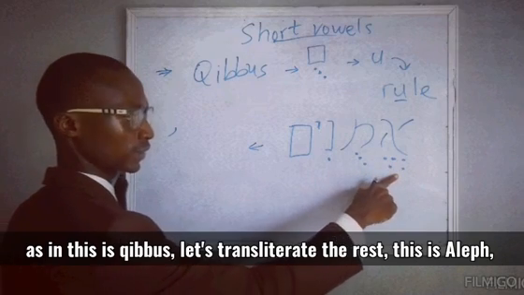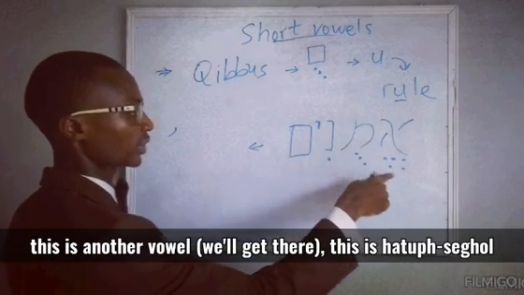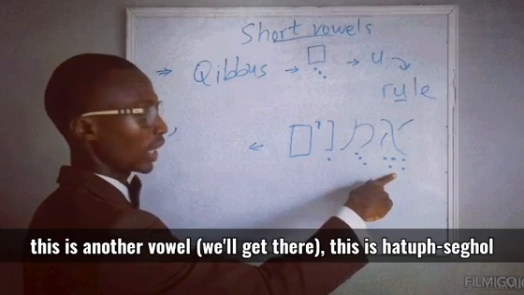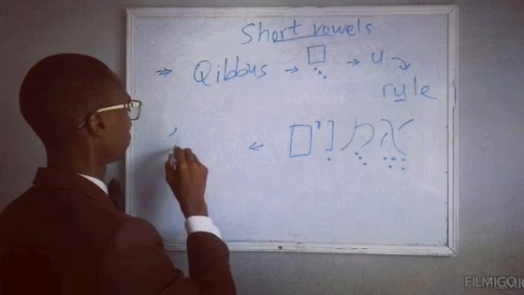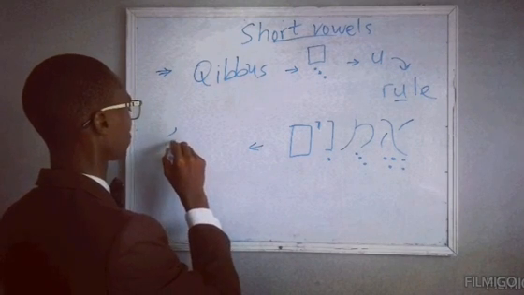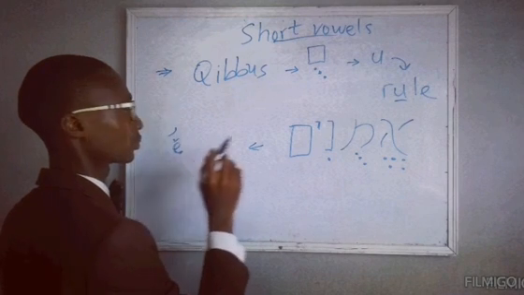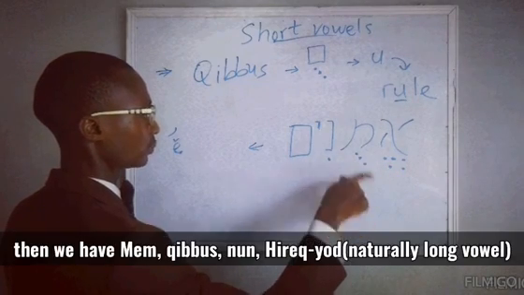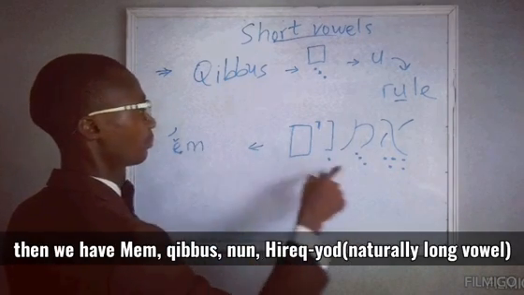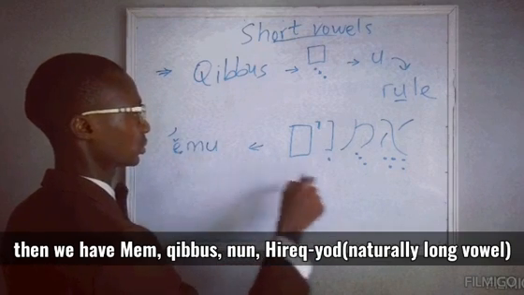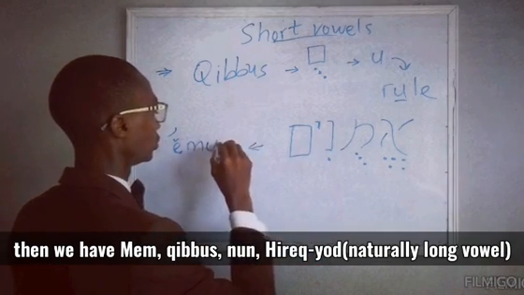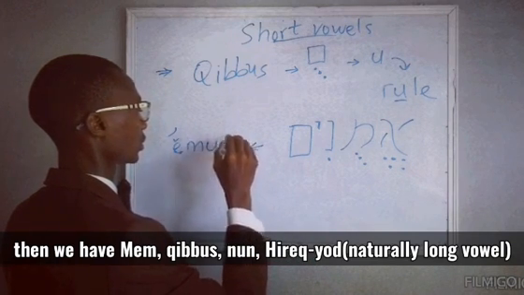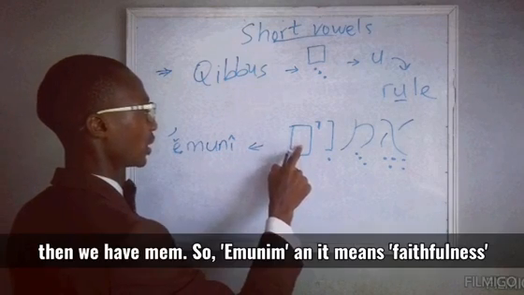We have another vowel, Segu Atef, which we will get to later. Then we have Mem, we have Kibus, we have Nun, we have Irek, then we have Men.